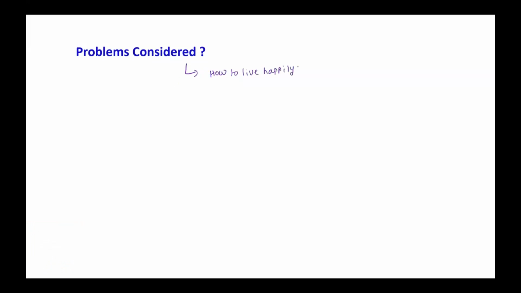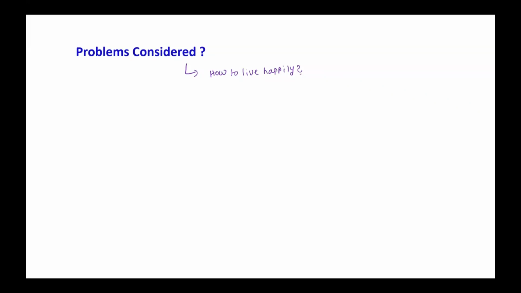Okay, we write algorithms to solve problems, that's what someone has said. So the next question is, what type of problems do we solve here? Are we going to solve problems like how to live happily throughout our life?